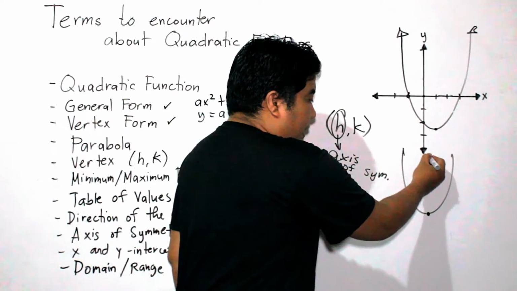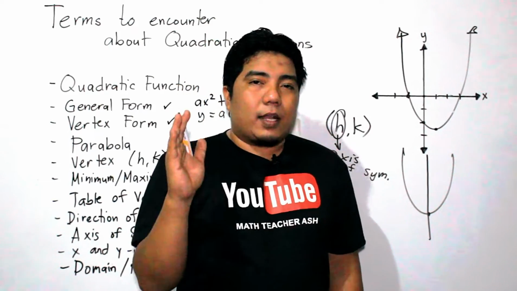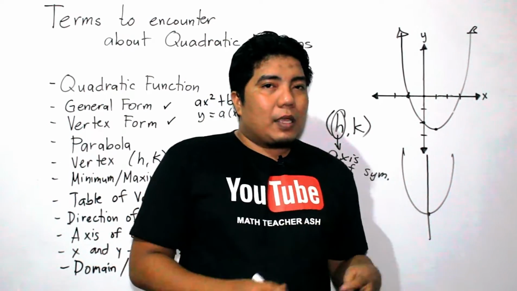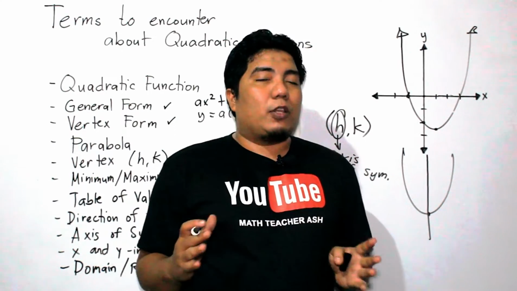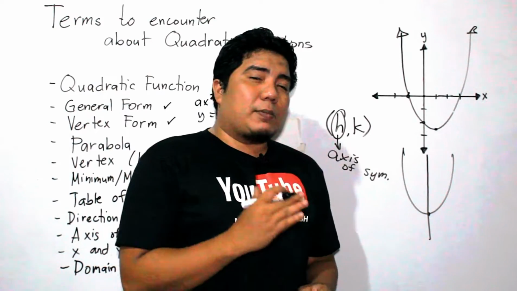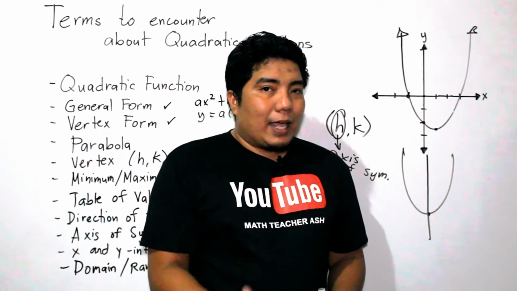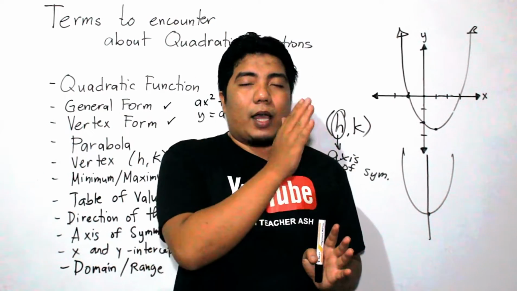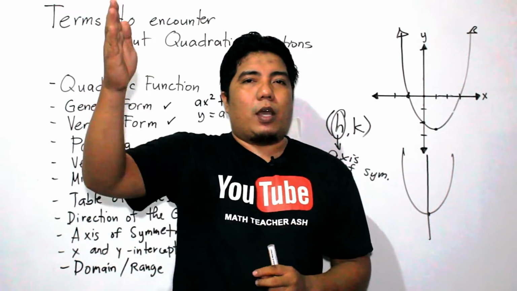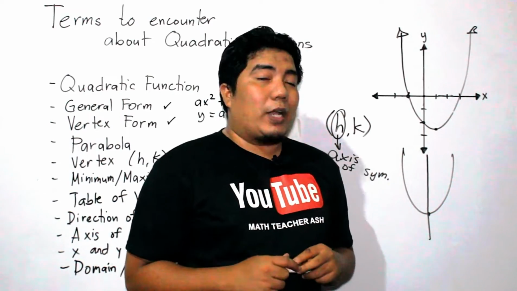The axis of symmetry is a line that is parallel to your y-axis. Sometimes it becomes your y-axis, but sometimes it is parallel to your y-axis. But for you not to be confused about this matter, basically the axis of symmetry is a line that cuts your parabola into two equal parts.